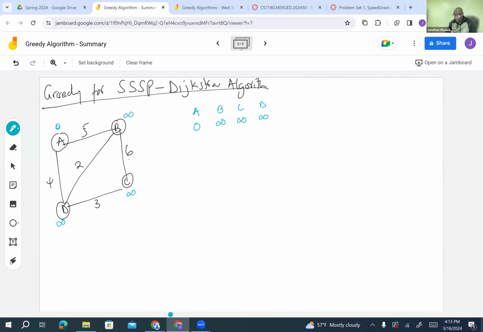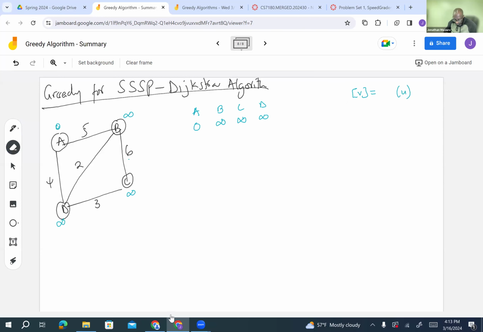Essentially, we came up with the idea of a relaxation property. We're going to think about the key or the value of any one of these vertices.